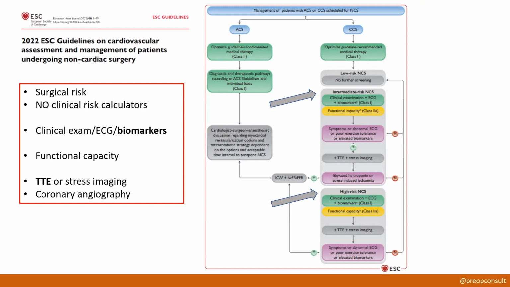Then they say do a clinical exam and electrocardiogram, and they recommend doing biomarkers in everybody who's at intermediate or high risk. As far as functional capacity, they touch on the use of the DASI score, and they also mention stair climbing. And they're very liberal in their recommendations for transthoracic echocardiogram and stress imaging, more so than any of the other guidelines. And then if it's significantly abnormal, potential for coronary angiography.